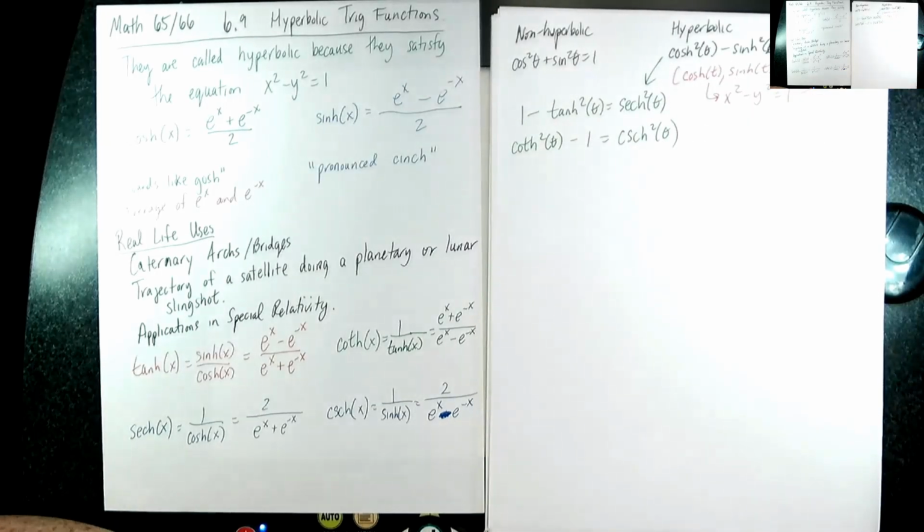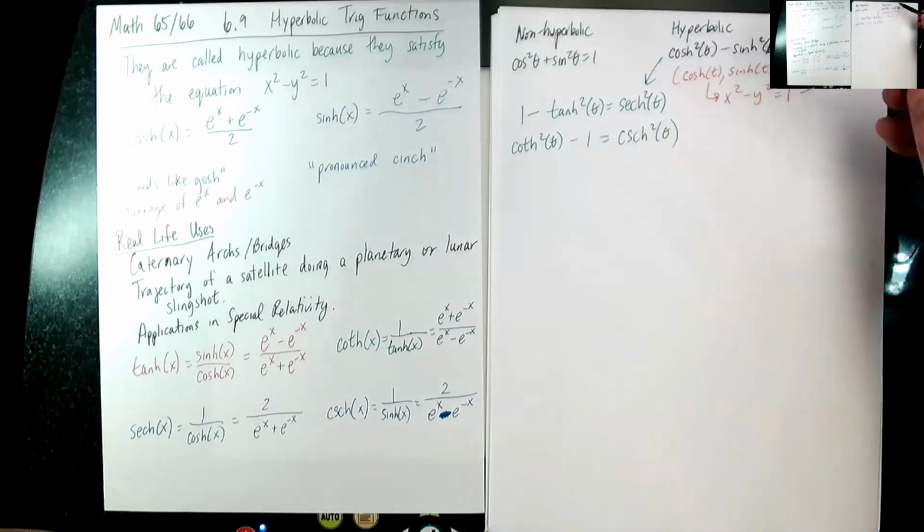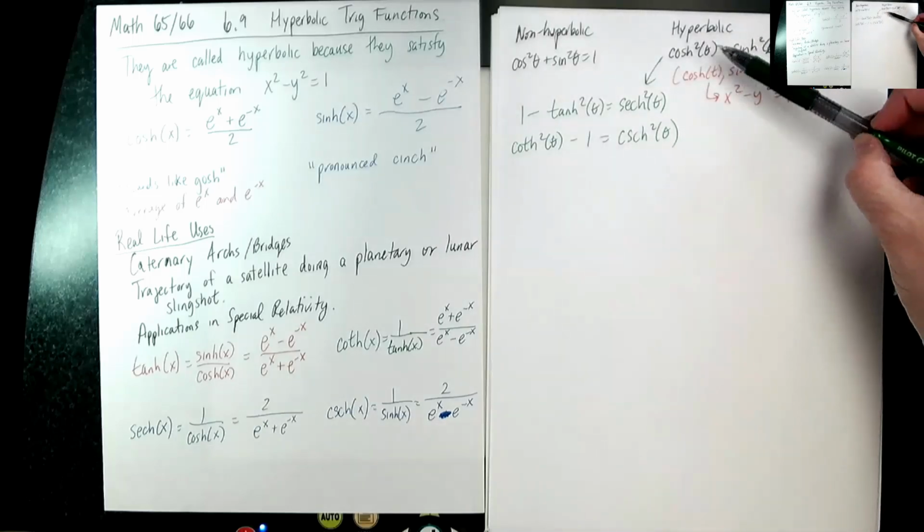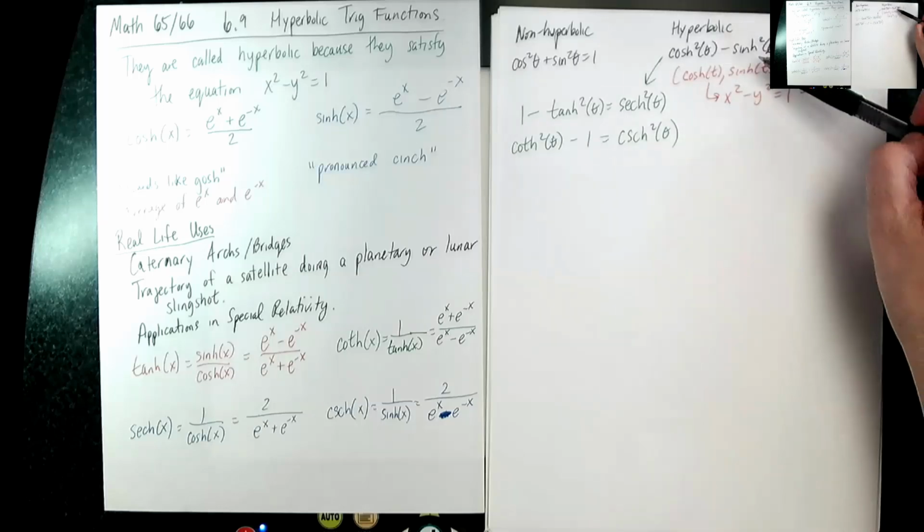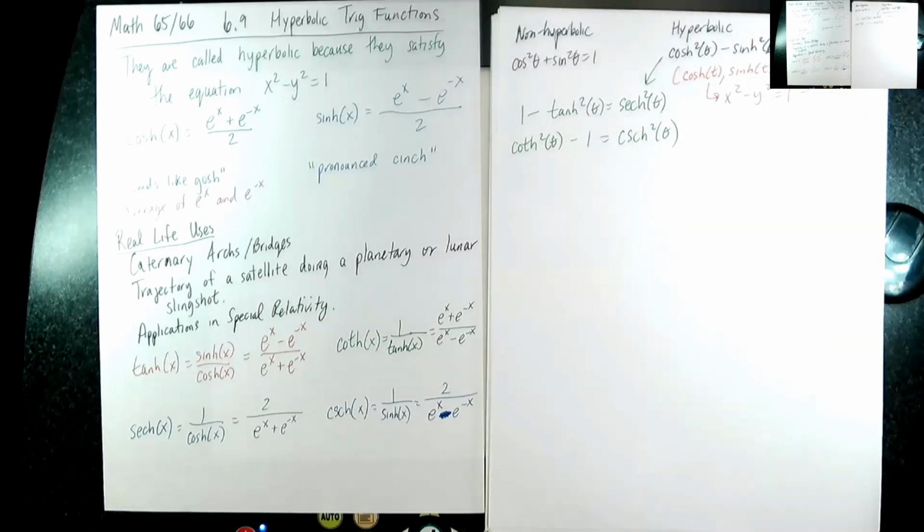These look just like our other two trig identities, but they have a minus rather than a plus. If it helps you remember which one goes first here, we usually associate cosine with x and sine with y. It's no different here.